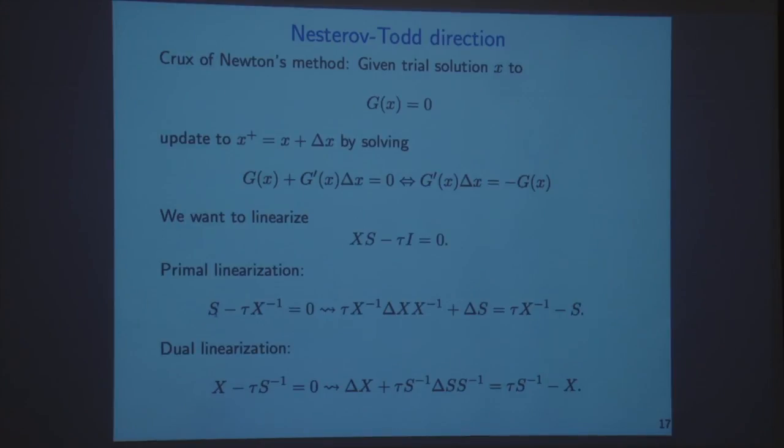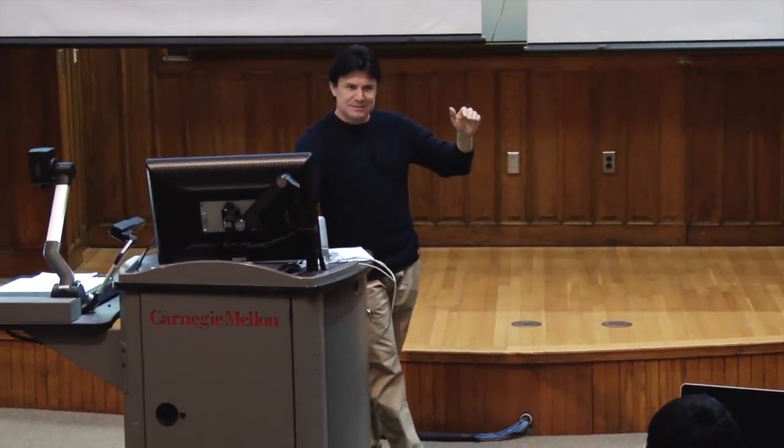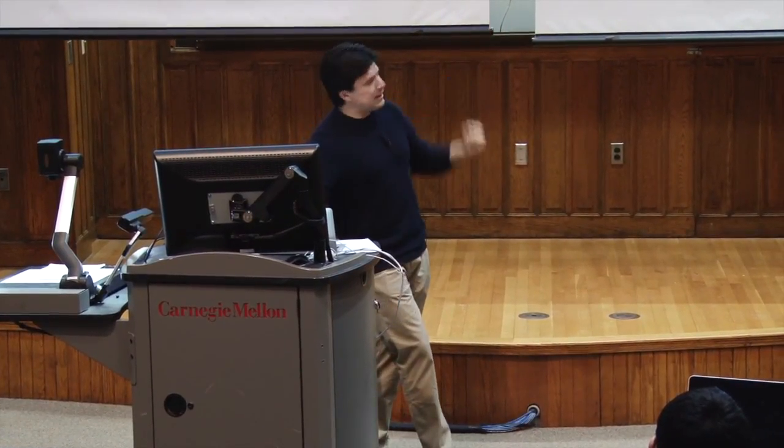the linearization of s is delta s. The linearization of x inverse is a kind of cool calculus exercise. I told you a little bit ago that the gradient of the logarithmic barrier is x inverse. The Hessian is that function.